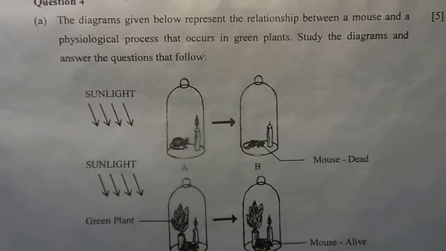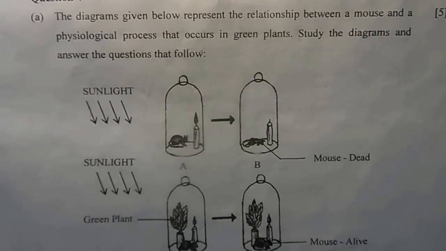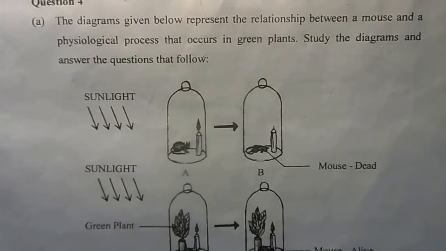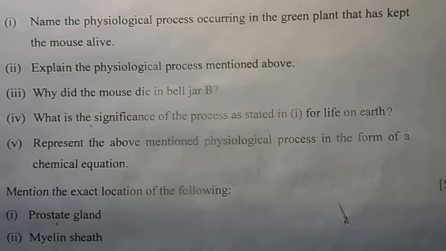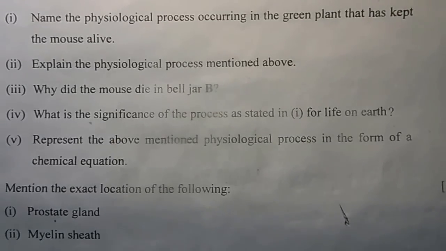You have been given a diagram which represents the relationship between a mouse and a physiological process that occurs in green plant. Just view the diagram properly and you will get the answers. In question 1, you have to name the physiological process occurring in the green plant that has kept the mouse alive.